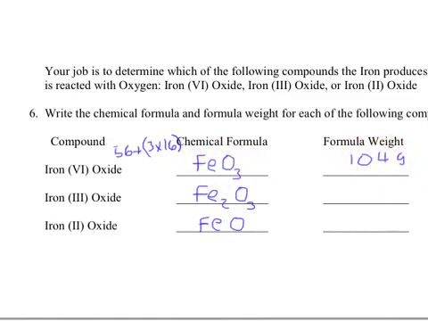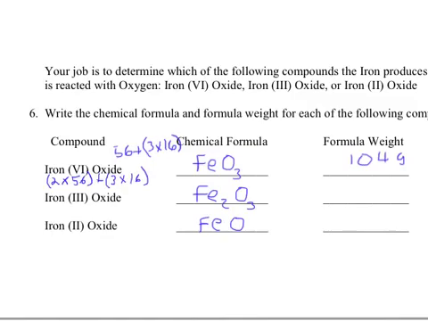Let's look at iron 2 oxide. In this case, what I would have to do is I would say, well, here I've got 2 times 56, because I have 2 Fe's, plus I have 3 times 16, because I have 3 oxygens.